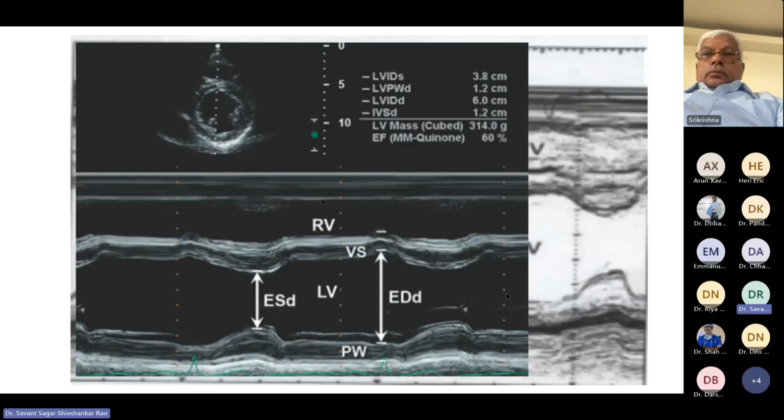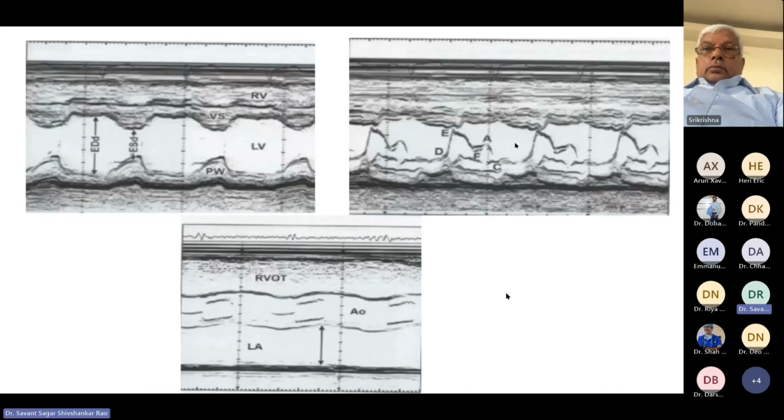This is left ventricular M mode ultrasound, in which we have taken the short axis view at the papillary muscle and then assessed the measurements of the left ventricle. On the right-hand side top is the mitral leaflet level M mode, and the image below is at the aortic leaflet and left atrial level.